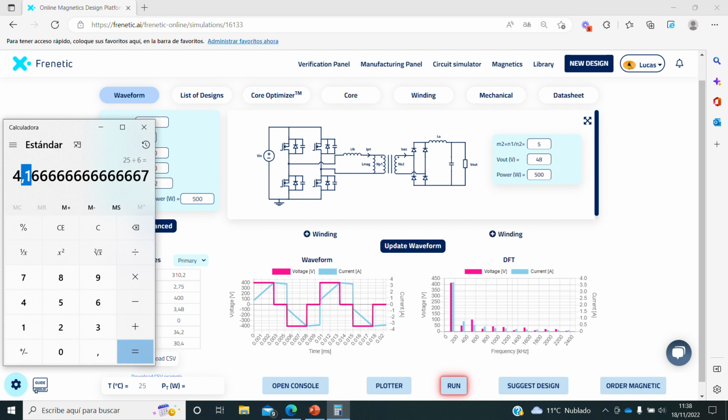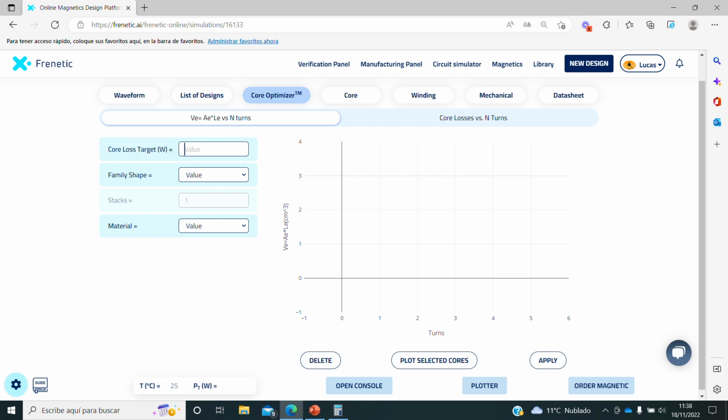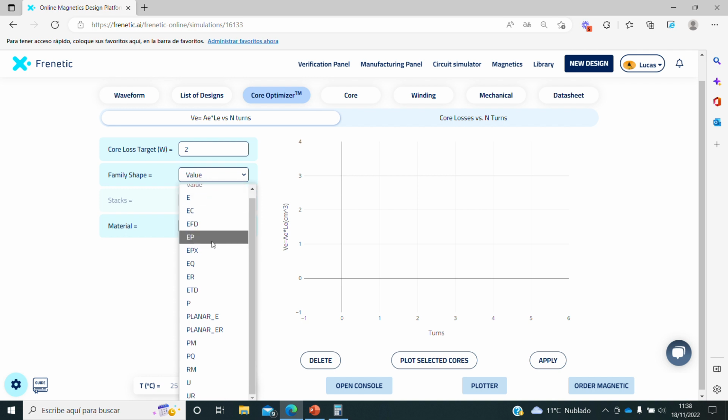Now, if we think of magnetics, and again, it depends on the application, ideally, the core losses should be half of the total losses, and the winding losses should be the other half. So this means we can consider as a starting point half of this to be the core losses, so this means 2 watts. Now I can get back here, I can define my core loss target is 2 watts, and I can select a family of cores.